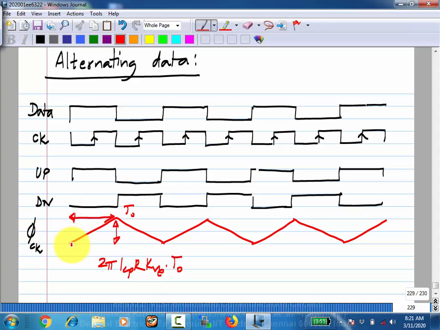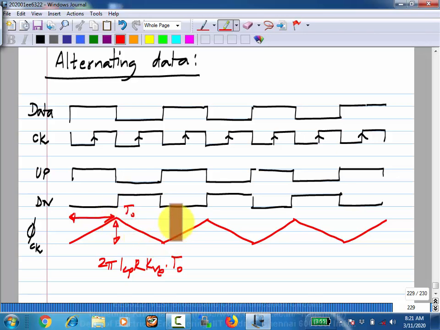Now what it means is that the clock phase is going up here. So that means that the clock edge moves. Which way does it move from here to there? Does it move to the left or right? It moves to the left. It becomes more leading, and from here to there it moves a little to the right, and so on.